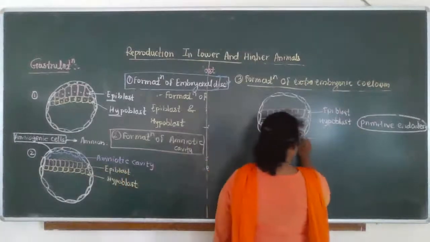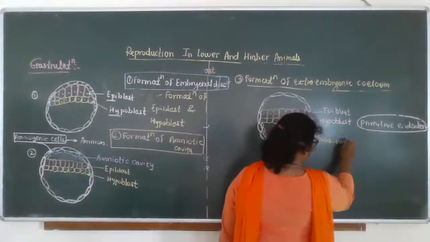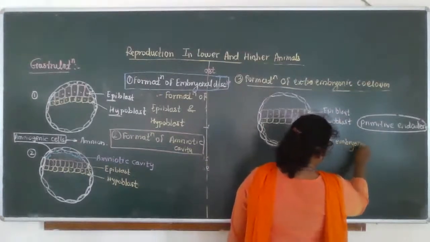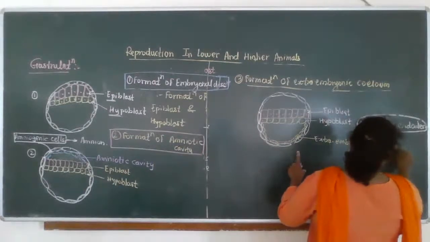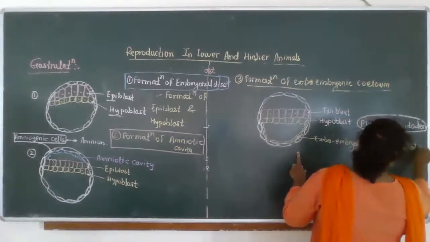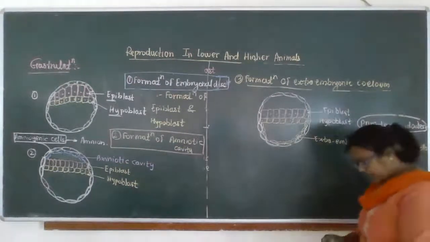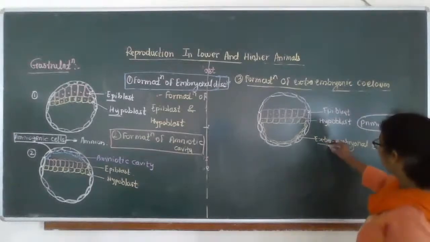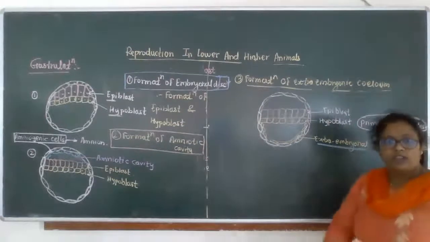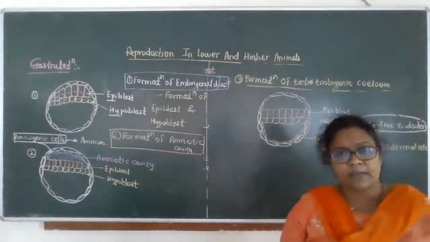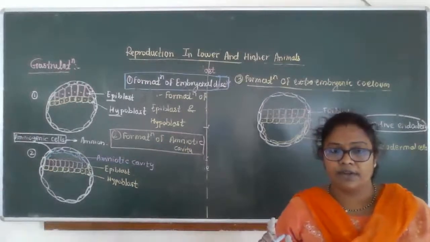These are called extra-embryonal endodermal cells. But keep in mind why it is called extra-embryonal: it does not participate in the formation of the exact endoderm. Clear, everyone?